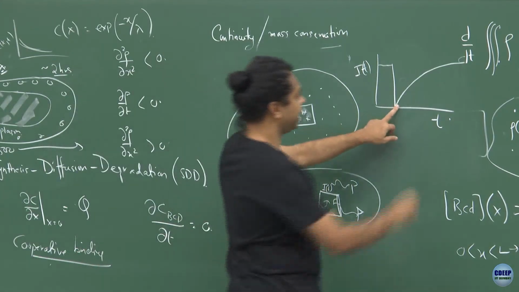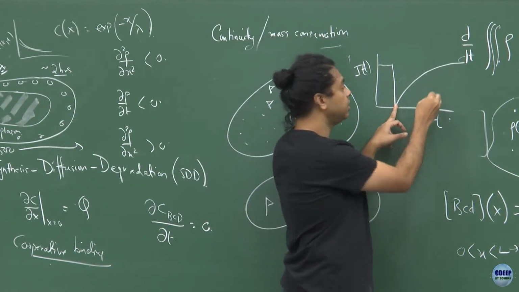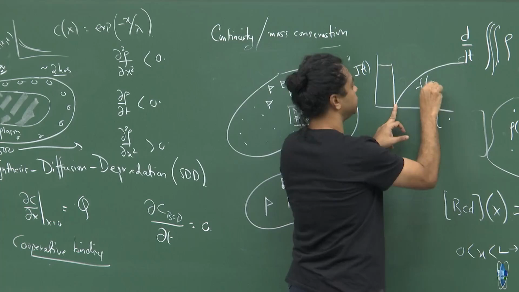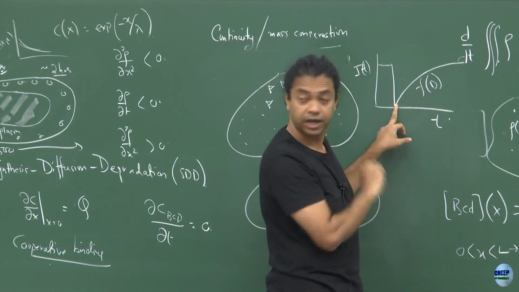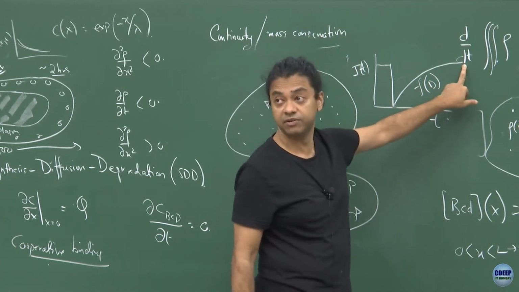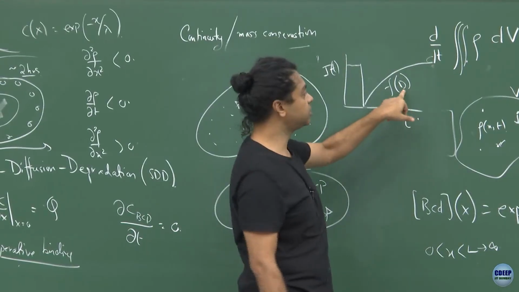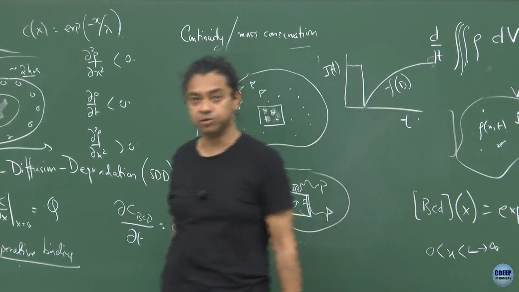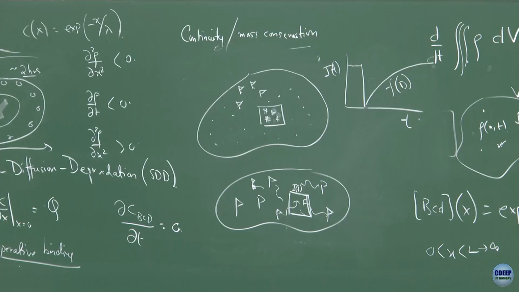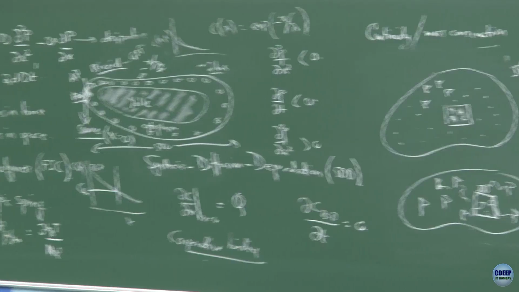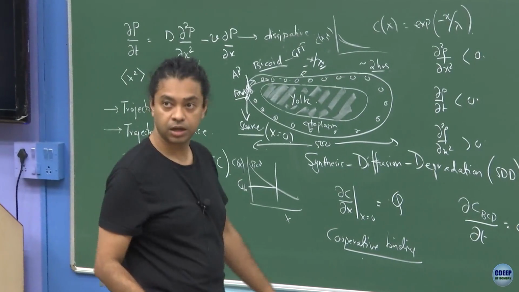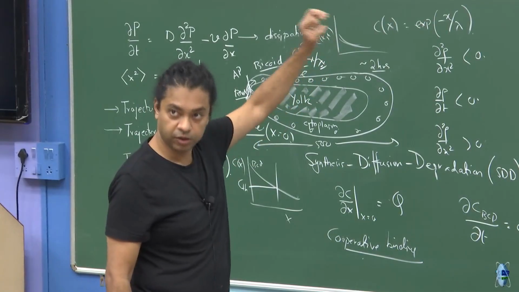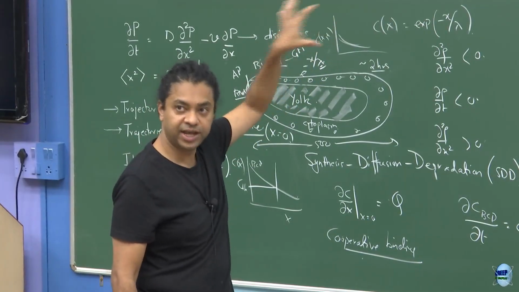How it recovers back, this time scale of recovery, is a function of your diffusion coefficient. And therefore, by measuring this recovery curve experimentally, you can measure the diffusion coefficient of these molecules. Is the protocol clear? You are shining a laser in this region, so that region becomes dark.